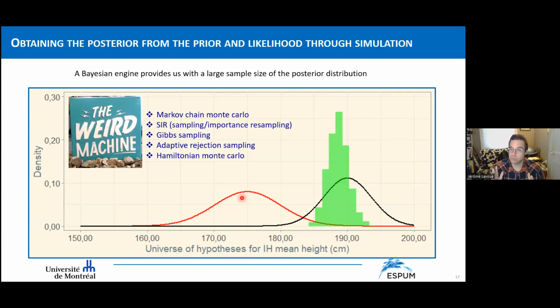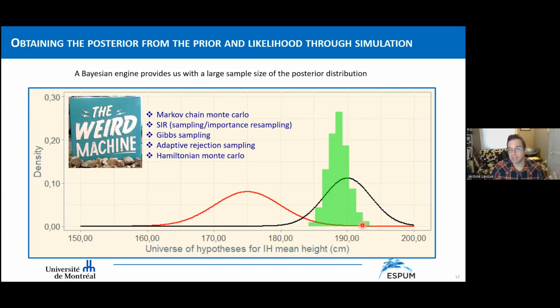So what we do is exactly what I explained yesterday: without an equation, we are still able to draw random values from the uncertainty distribution. So we are able to generate plausible values for the parameter of interest. We don't get a curve or an equation, but we get a histogram.